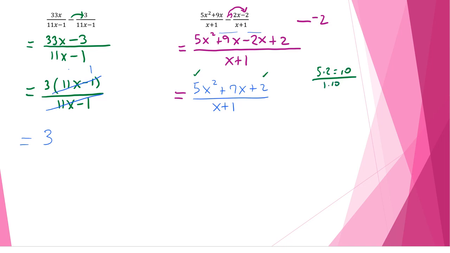And if I say 1 and 10 and 2 and 5, I notice that 2 and 5 actually adds to 7. That means that I can break the trinomial apart. So remember how we do that. We take the 7x and rewrite it as 2x plus 5x on the middle term.